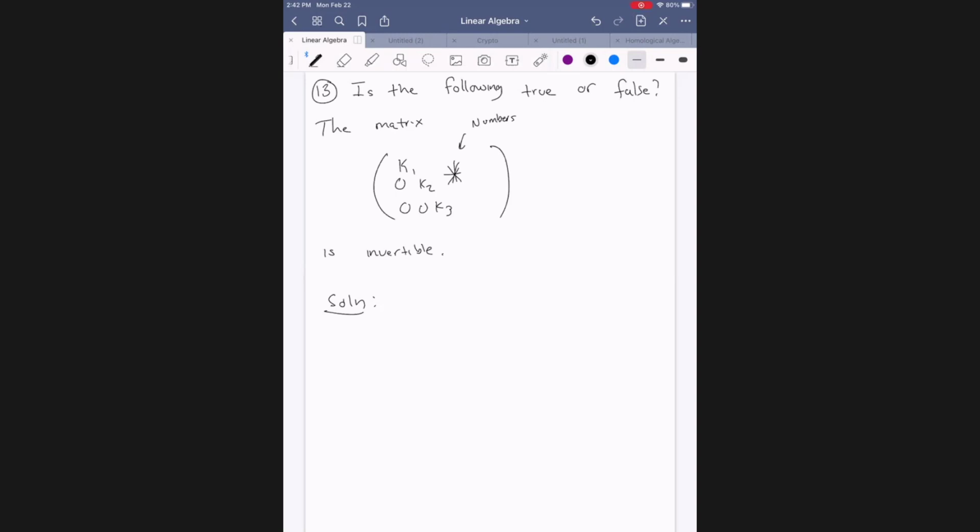This is again testing whether you knew the key points and pictures from the section. What is special about this matrix here? What do you see that we talked about before? It's triangular. Yeah, exactly, it's upper triangular. What did we say about those kinds of matrices and their determinant?